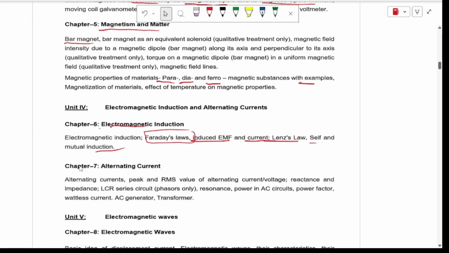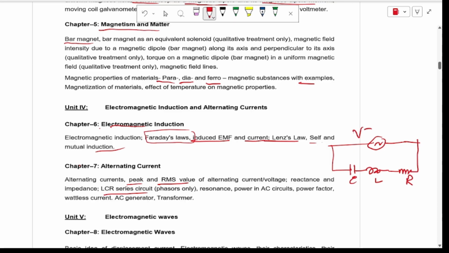Chapter number 7 is alternating current: peak value, RMS value, different circuits like the LCR circuit. Suppose this is the input, capacitor C, inductance L, and resistance R. They are connected in series.